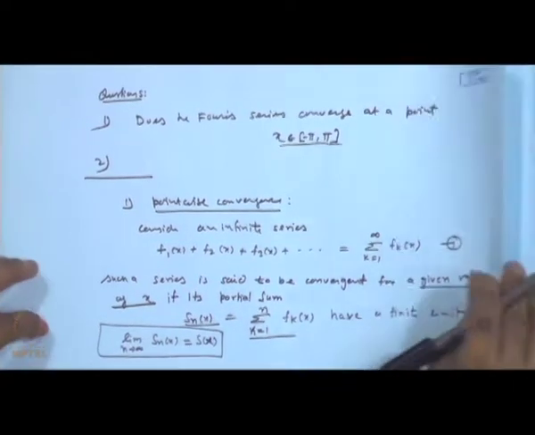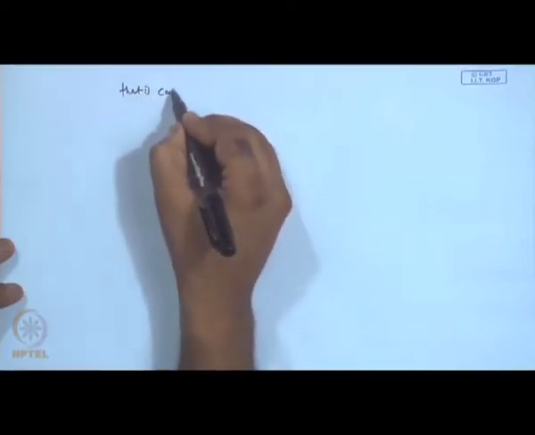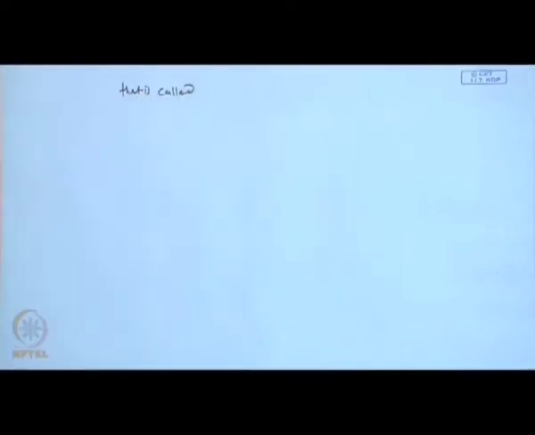We have a stronger version of convergence, and that is called uniform convergence.